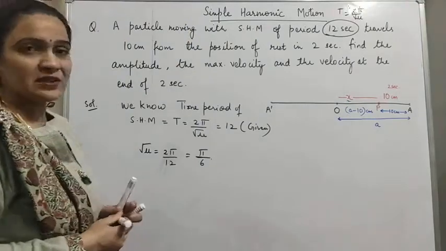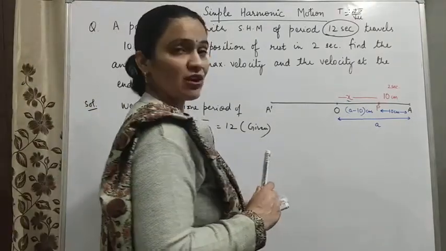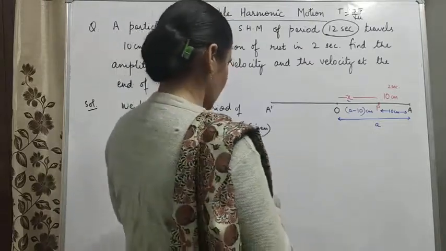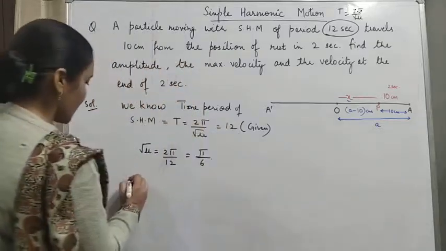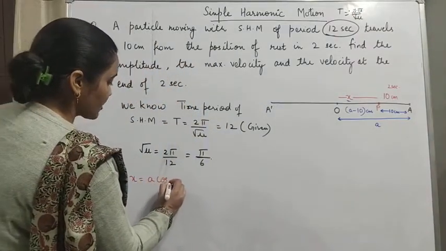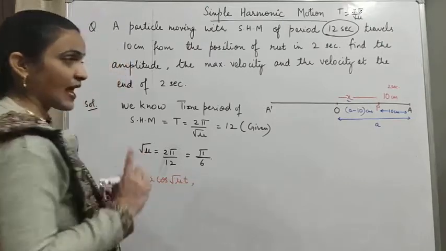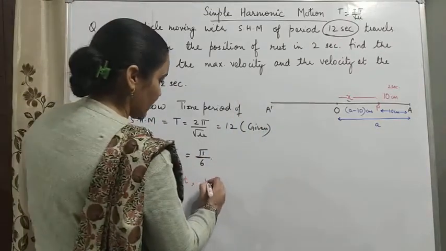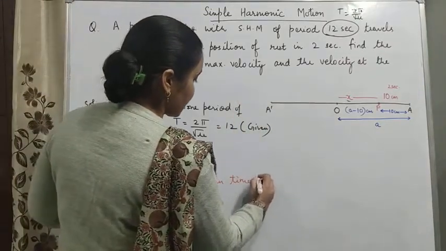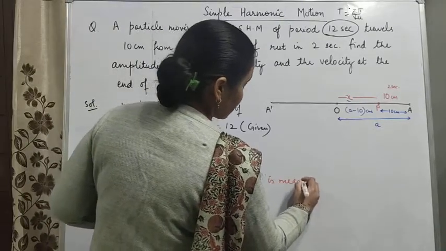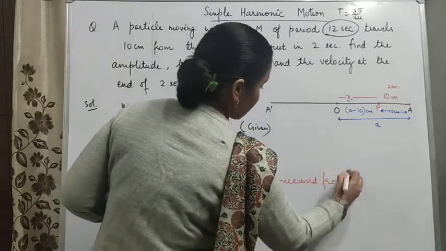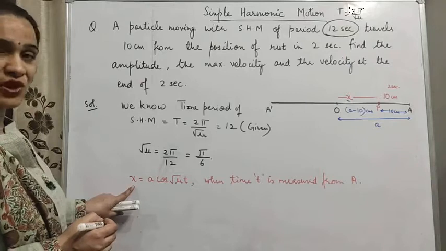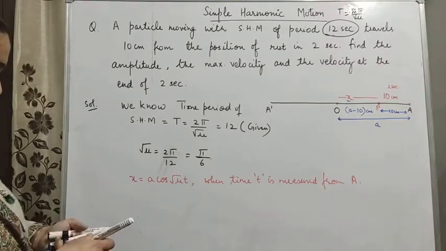Now, we know that position of a particle, that is X, is given by the expression X is equal to A cos under the root mu t, when time t is measured from the end point, from the extreme position A. So this is the expression for X. So let us substitute values.